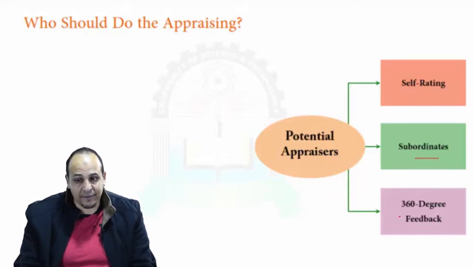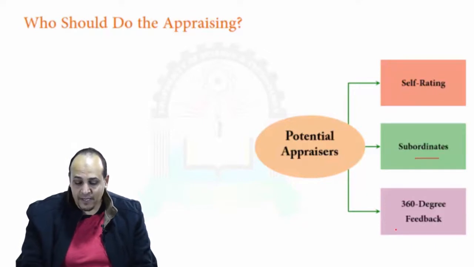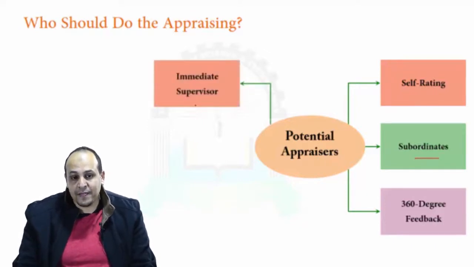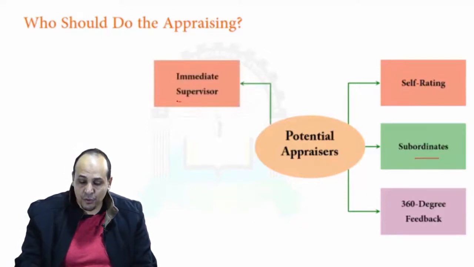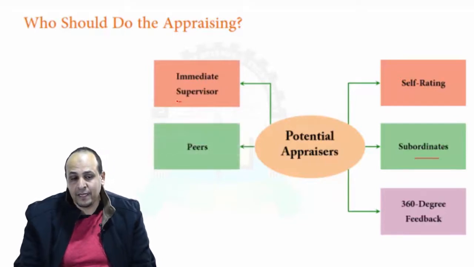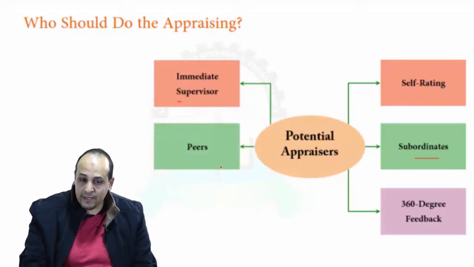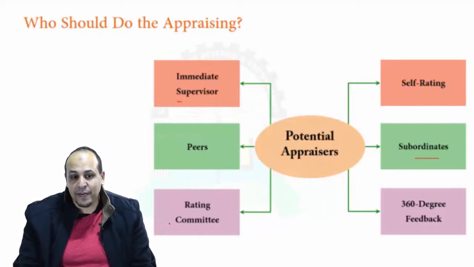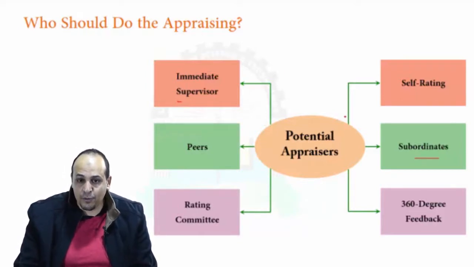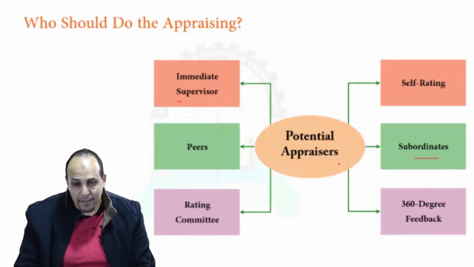Subordinates, surrounding 360-degree feedback, including customers as well. The immediate supervisor, who knows more about the employee, peers working in the same department, and the rating committee. So people doing the appraising can be many.